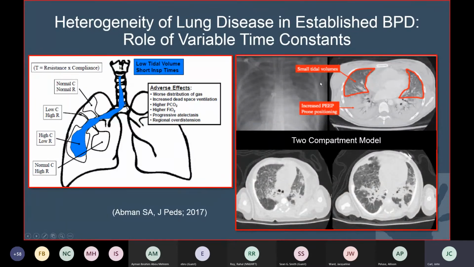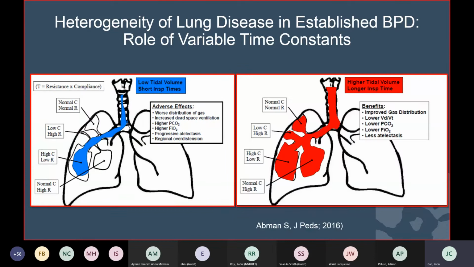And so basically what you wind up with is a two-compartment model based on patient position often, or prior scarring that may have occurred. The way you would recruit then is by increasing PEEP and prone positioning, and for this using smaller tidal volumes so you don't have overdistension.